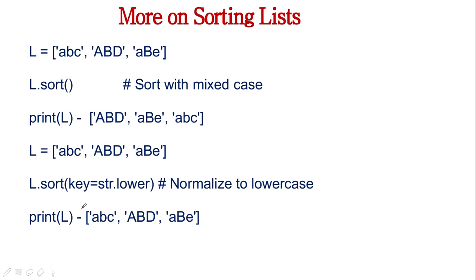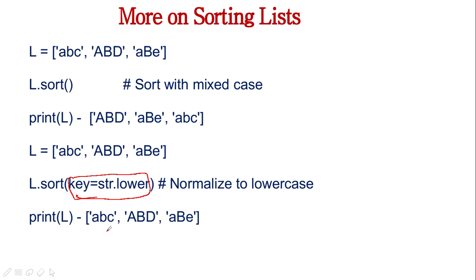And if you do not want that difference between capital letter and small letter, then you can override that by giving an additional argument, key equal to str.lower. If you give it like this, then before sorting all the strings will be converted to lowercase, so that it is in proper order as you expect, without the uppercase lowercase differentiation.